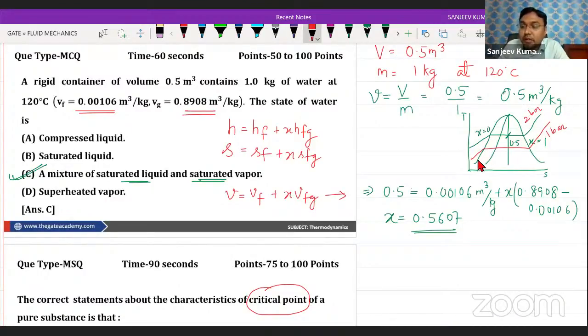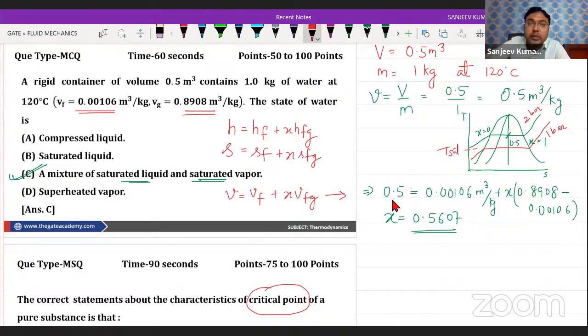So what happens when you increase the pressure? When you increase the pressure, your saturation temperature Tsat also increases. For example, water starts boiling at 100 degrees centigrade at 1 atmospheric pressure or 1 bar. So at 1 bar, the saturation temperature is 100 degrees centigrade.